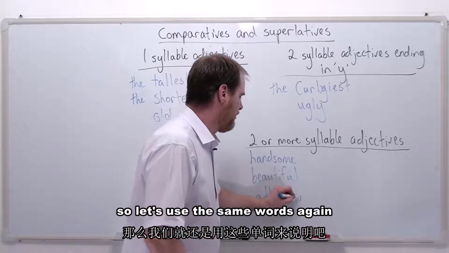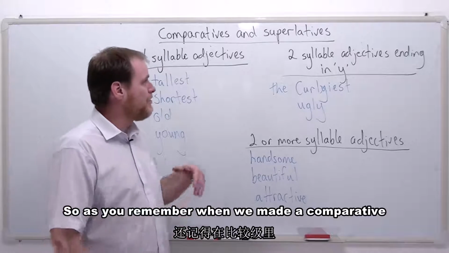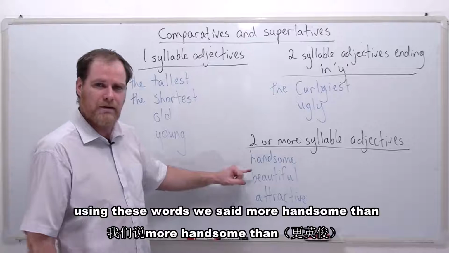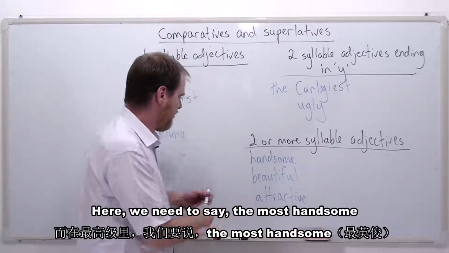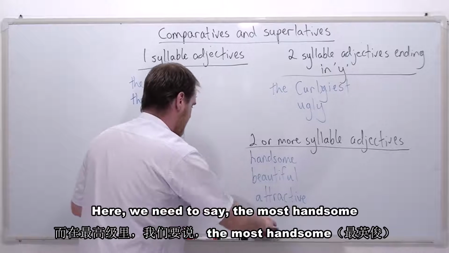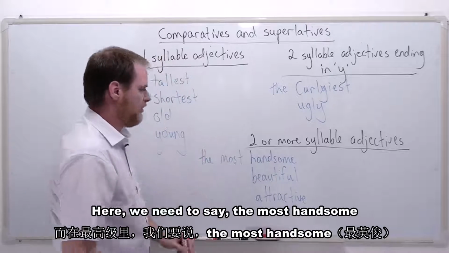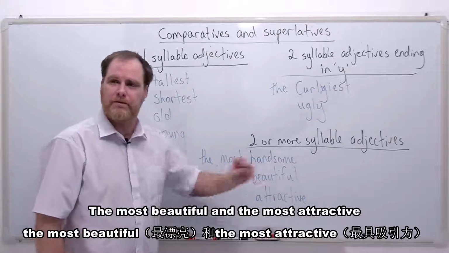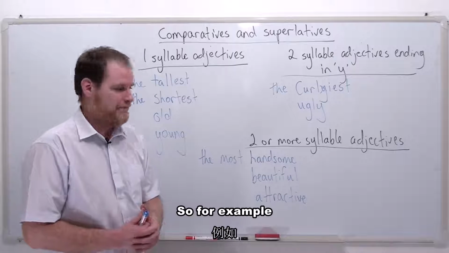So let's use the same words again, okay? So as you remember, when we make a comparative using these words, we said more handsome than. So here we need to say the most handsome, okay? The most beautiful and the most attractive, okay?